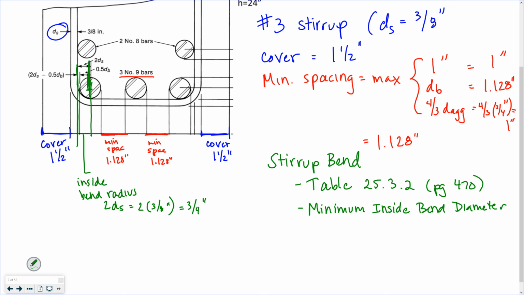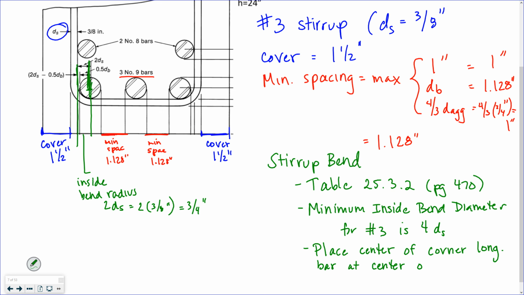Inside bend diameter for a number 3 is 4 ds. Place center of corner longitudinal bar at center of bend.